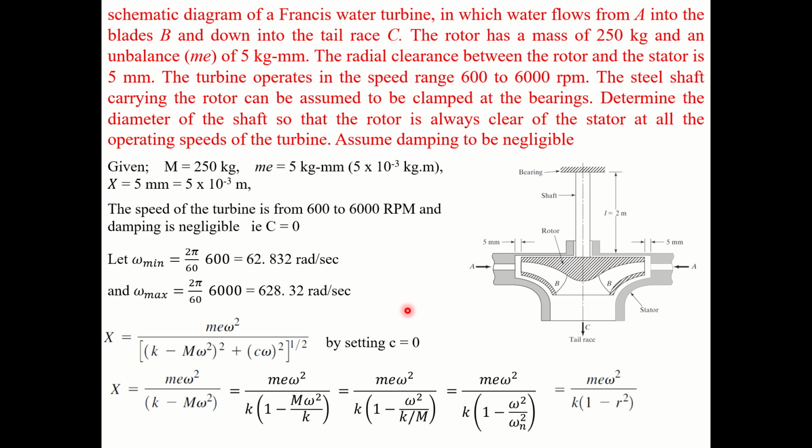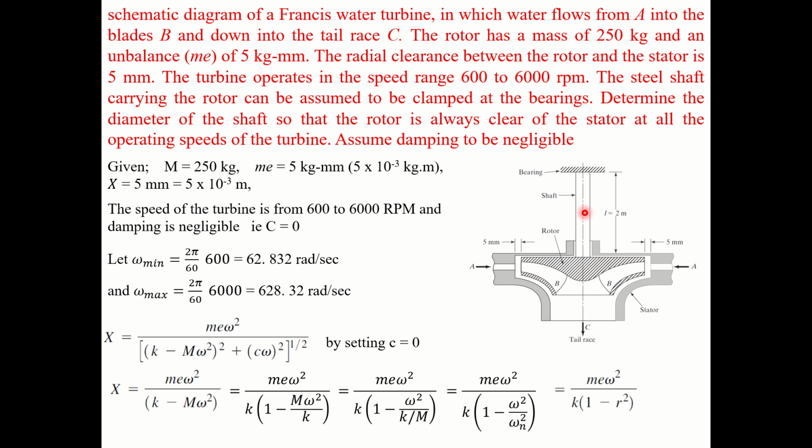Once we know stiffness, we can find out deflection. Once we know deflection, we can find out the diameter, using the deflection of beam problem. Once we know that, we can substitute in the cantilever's formula, then we can find out what diameter is required. That is the overall idea here.